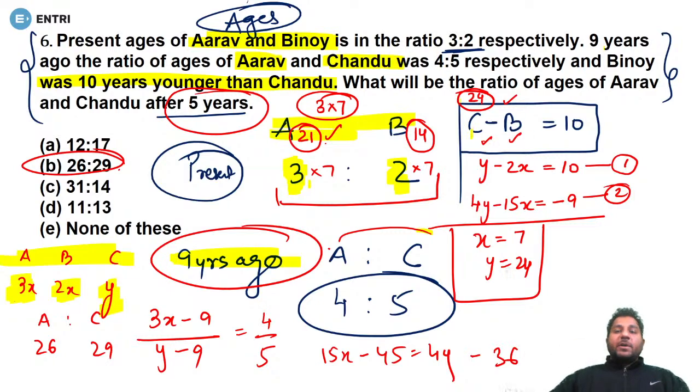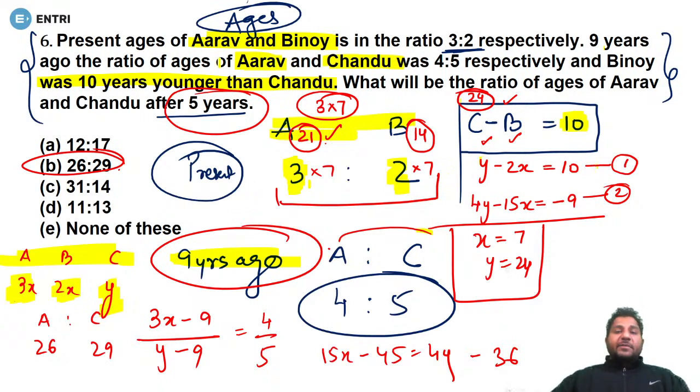So the difference between Chandu and Binoy will always be 10. So the present age of Chandu will be y minus 2x is equal to 10.